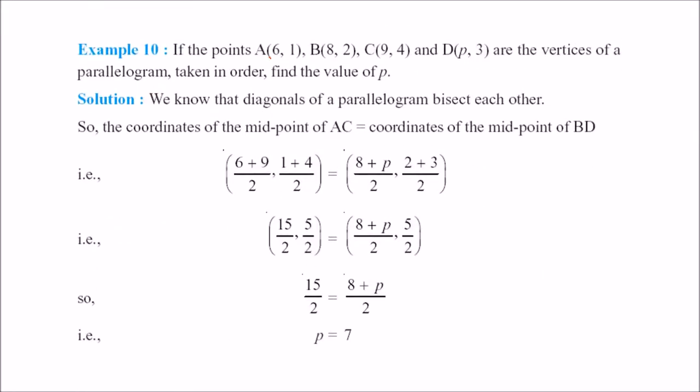Now if the points A, B, C and D are the vertices of a parallelogram, find the value of p. And we know in a parallelogram the diagonals bisect each other.